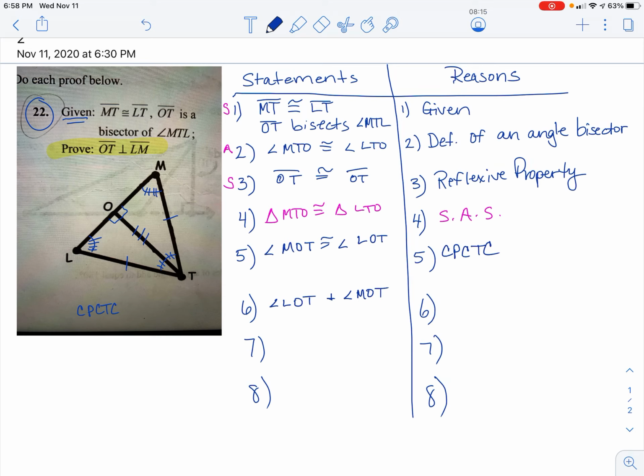Okay, so let's look back at those. We also notice that these are a linear pair, right? So angle LOT and angle MOT are a linear pair. Why do I care about that? Because I also want to prove that if I have congruent angles in a linear pair, then they both have to be 90 degrees. So for number 6, first of all, we want to say definition of a linear pair.